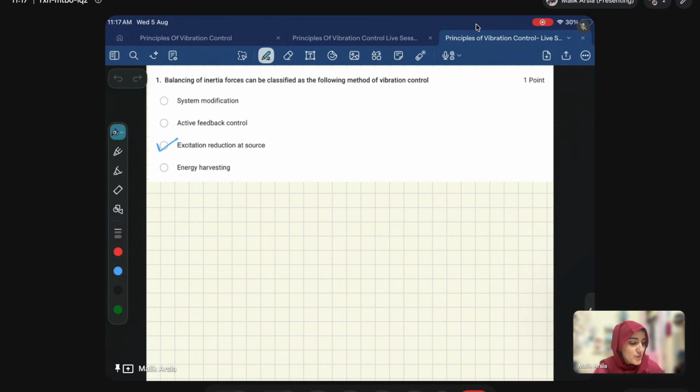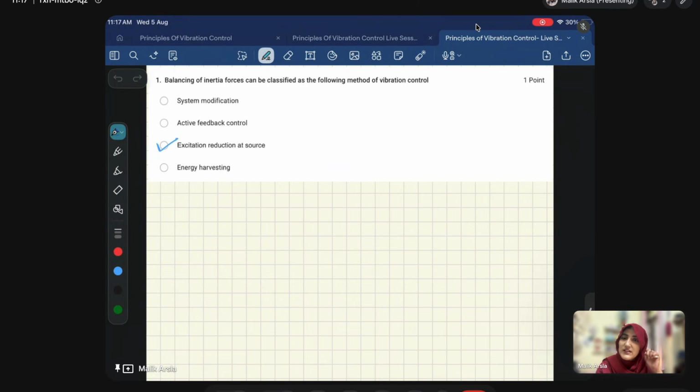So the first question you see here is that the balancing of inertia forces can be classified as the following method of vibration control. So first of all, system modification, active feedback control, excitation reduction at source, and energy harvesting. So we had studied in lectures in detail that there are various ways of vibration control.